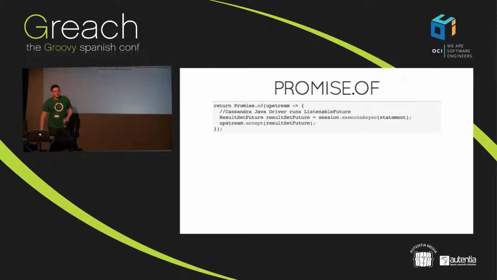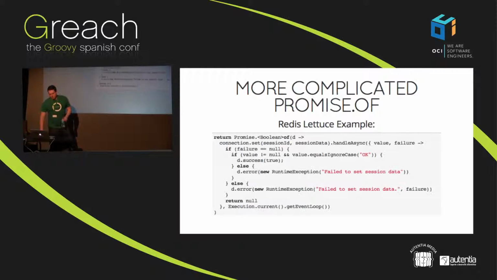Now, unfortunately, not everyone does things the way you may like. So here's a much more complicated way to adapt a library. This is a Redis library called Lettuce. The problem that I had with this particular implementation is that their async handler would always complete, and then have a status of failed or success.